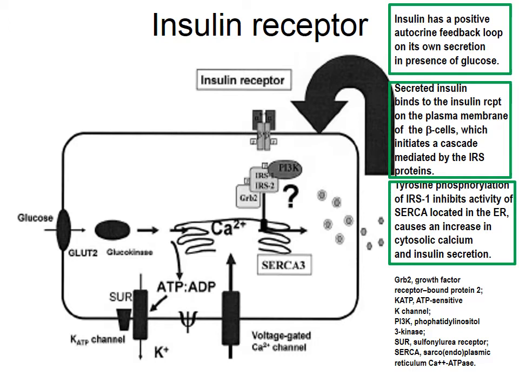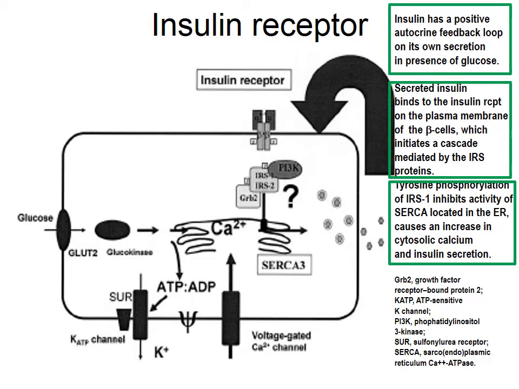And therefore, the calcium levels floating around in the cytoplasm remain high, which promotes the fusion of vesicles containing insulin to the cell membrane and the release of insulin, as you can see here towards the center middle of the picture. So tyrosine phosphorylation of IRS1 leads to the inhibited activity of SERCA. More calcium stays out there in the cytoplasm, which increases insulin secretion.